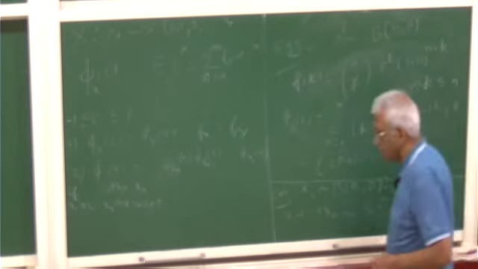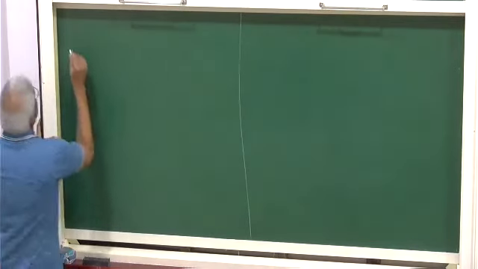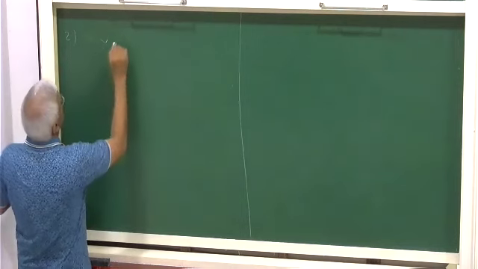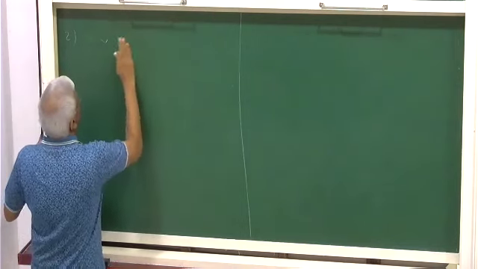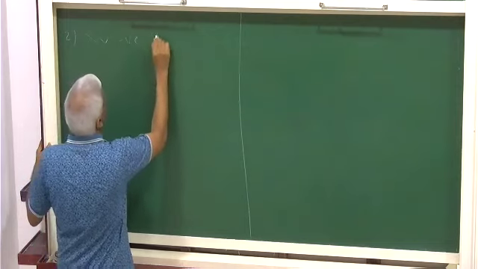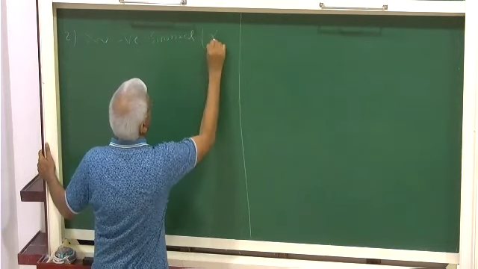We will have a similar application here for the negative binomial distribution. Suppose x follows negative binomial, which has parameters alpha and p.